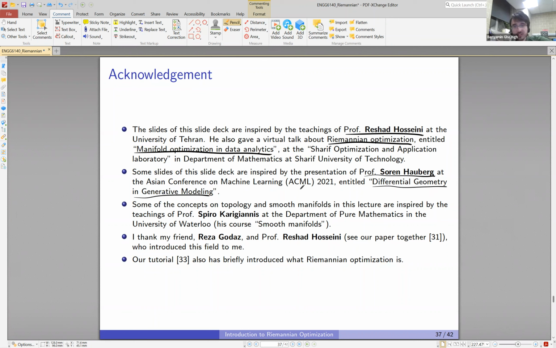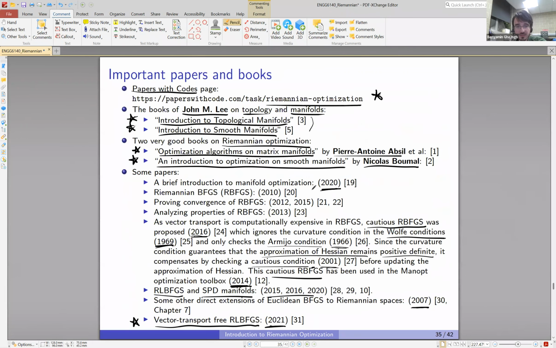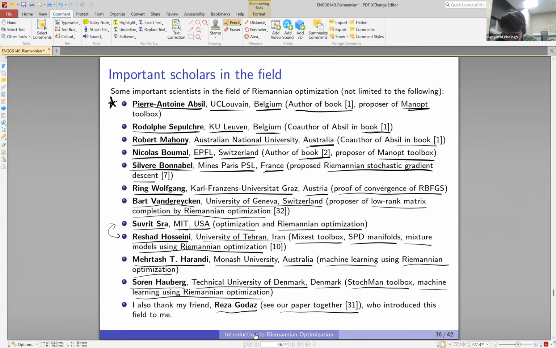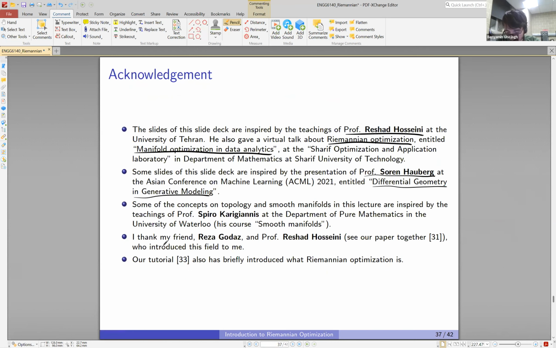How do I know this talk? Because we were presenting our paper, Vector Transport Free Riemannian LBFGS, at ACML 2021, me and Reza Godaz. Also, one of the co-authors of that paper was Professor Reshad Hosseini. When we were presenting that, one of the talks was by Professor Søren Hauberg in this area.